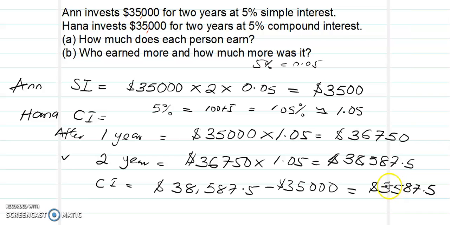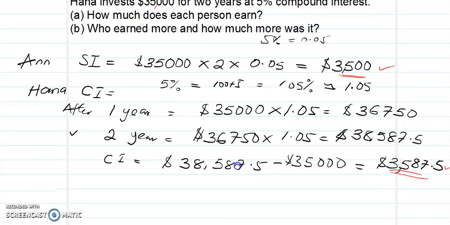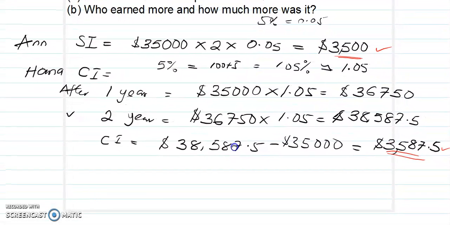So this is the interest Hannah has, and this is the interest Anne has. So that answers the first question, how much is each. Now the second question they ask is what?